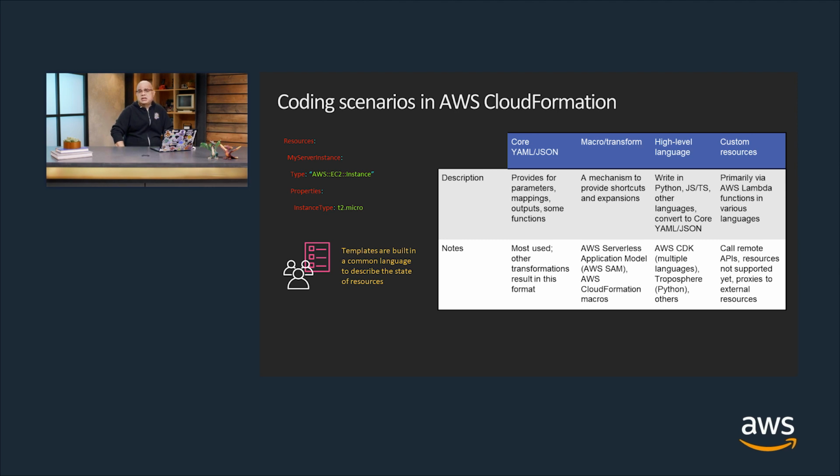If you want to take the next level up without getting too deep into programming, you can do things like macros or transforms. An example of this is something we developed a couple of years back called the Serverless Application Model, or SAM. And with that, by defining a serverless function, behind the scenes we'll generate the code for Lambda functions themselves, whether or not you require endpoints. It helps with API Gateway, DynamoDB tables, and other components.